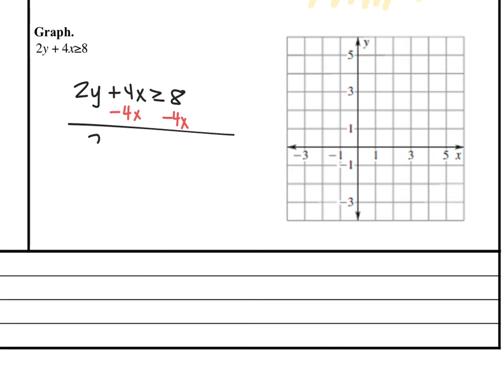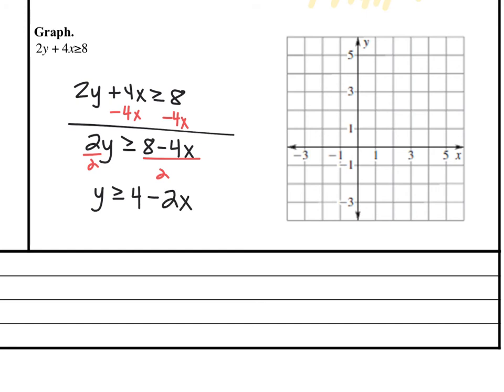That means my new equation is 2y is greater than or equal to 8 minus 4x. Then I divide by what's in front of y, which would be 2. And now I simplify. 8 divided by 2 is 4. Negative 4 divided by 2 is negative 2.